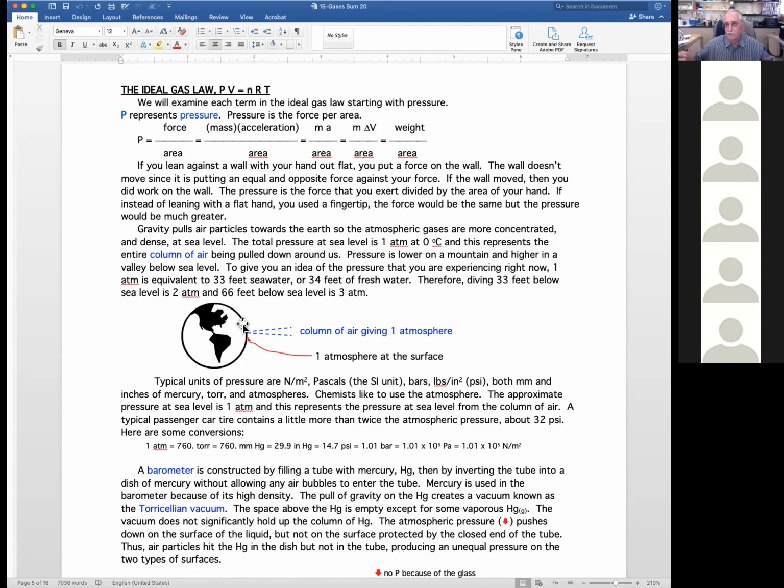You are constantly being bombarded from every direction by gas particles going somewhere around 1,000 miles per hour. They have mass, and they're accelerating off of you when they bounce into you. So they're putting a force on you, and divided by the area of your body, that's a pressure. This is known as 1 atmosphere. If I go higher up, there's less particles, so less pressure.